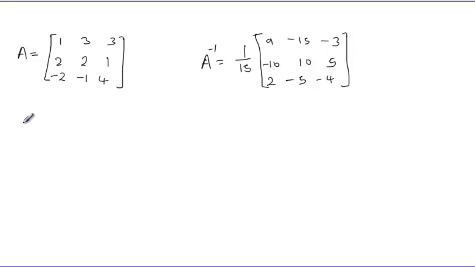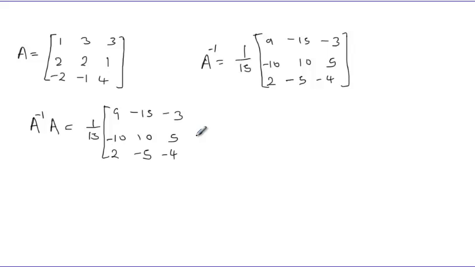Let's do this. First of all, we said we're going to say A inverse multiplied by A, which means taking this 1 over 15, 9, minus 15, minus 3, minus 10, 10, 5, 2, minus 5, minus 4.